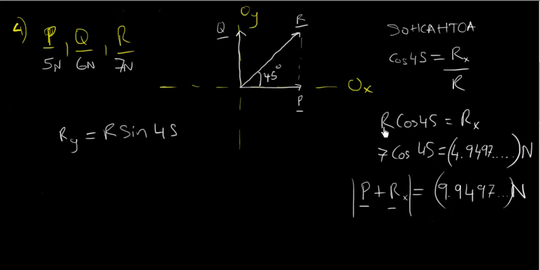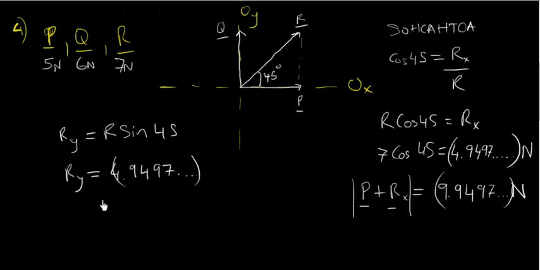Same as here, it was the full R times the cos of 45. So our Ry will be the full size, which is 7, times the sine of 45. Actually, since this is 45 degrees, these are going to be the same size, so we're going to get again 4.9497, etc. It's the same because 45 degrees chops the square in half.